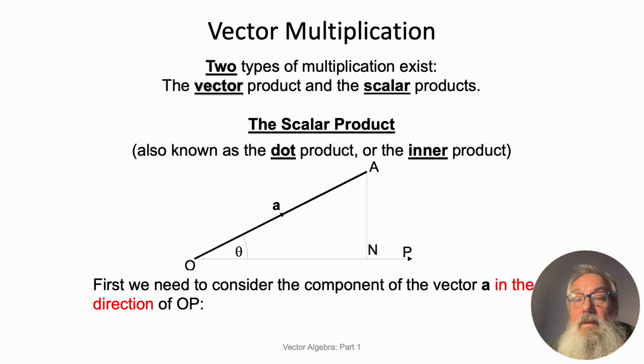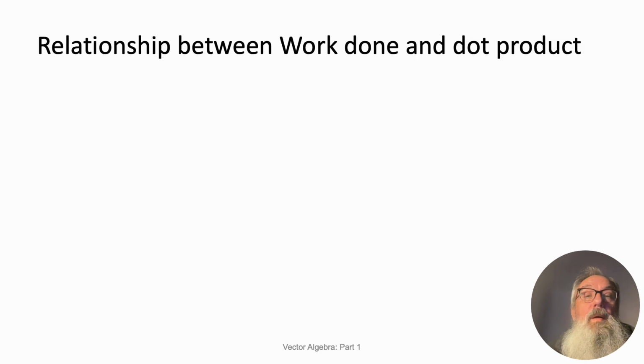And that's what we could call ON. So this is actually our definition of the scalar product. It's going to be this A cos theta. However, we're going to see some more details of how we get to that, and it'll be a bit more clear.